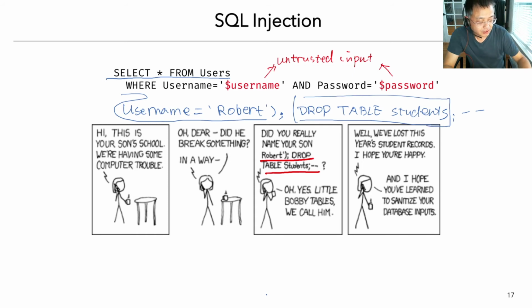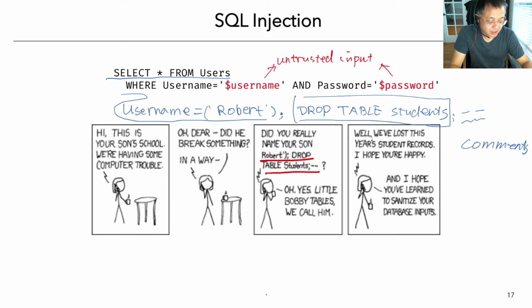It's going to drop the Students table, and these two dashes tell the SQL engine that the rest of the input will be comments. So this is a typical example of SQL injection.